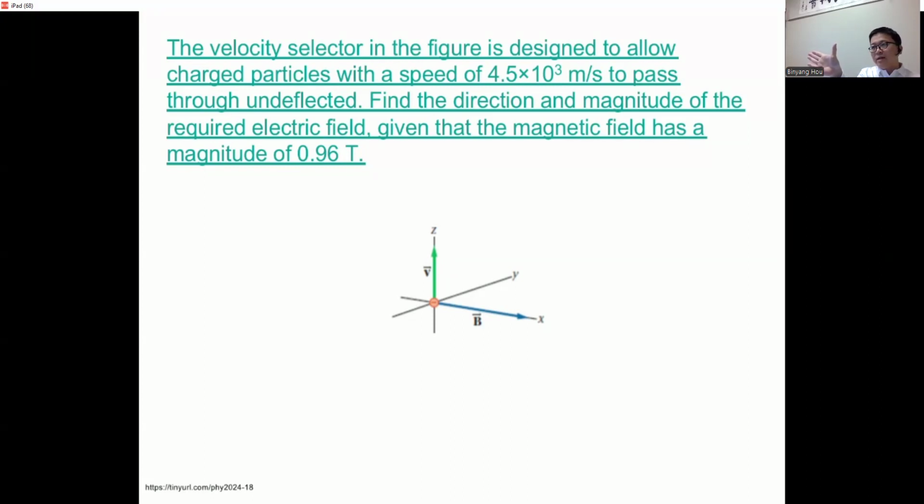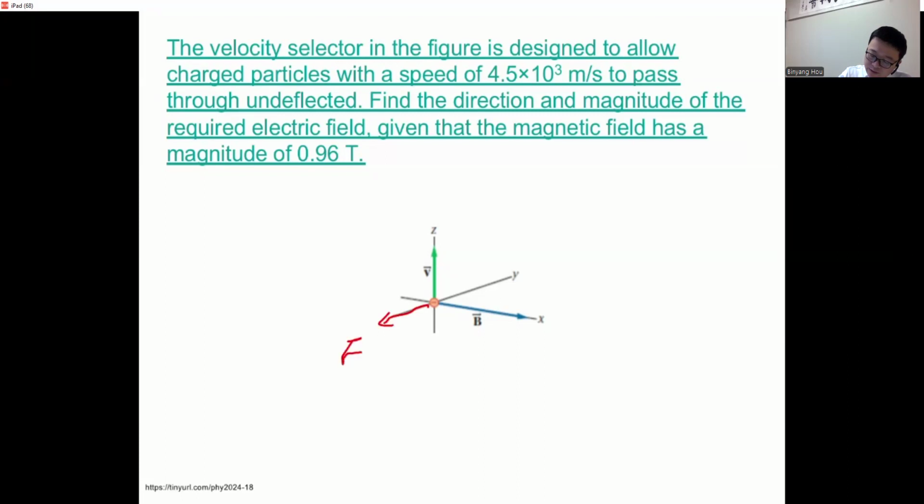This is what you use for a positive charge, but now this is a negative charge. This time your palm is facing in the positive y direction, so that means you have to flip it. So the direction should be facing in the negative Q direction.